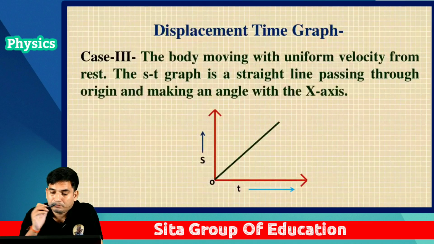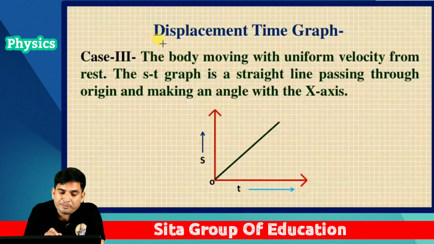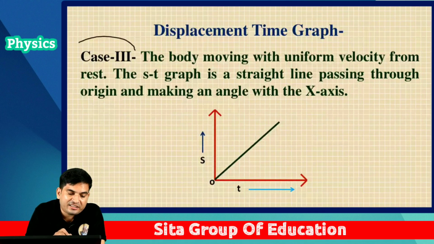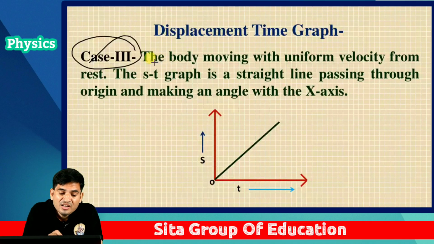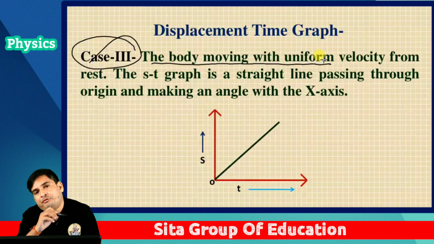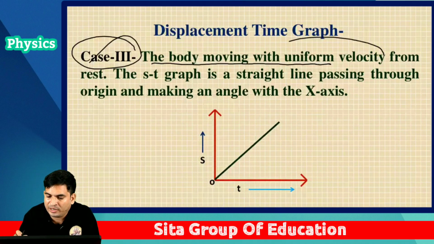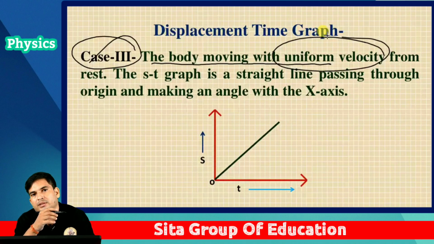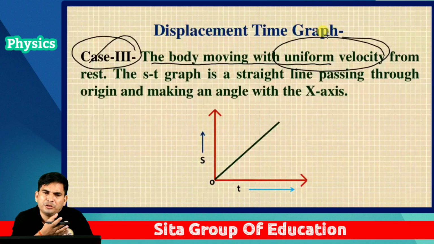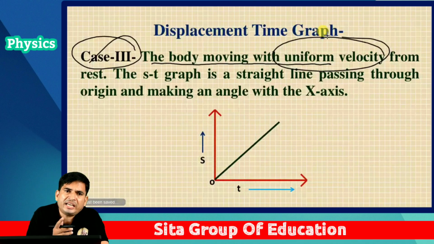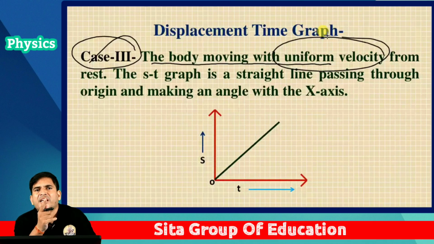Next case, displacement time graph, third case. Listen clearly. Third case, the body moving with uniform velocity. Here you have seen one term, uniform velocity. Uniform velocity means in equal time intervals, equal distance is covered by the object.